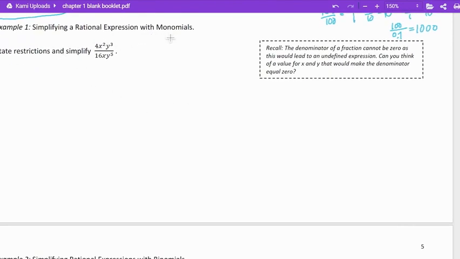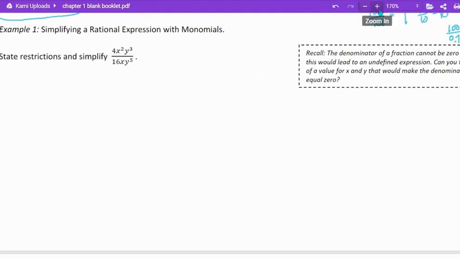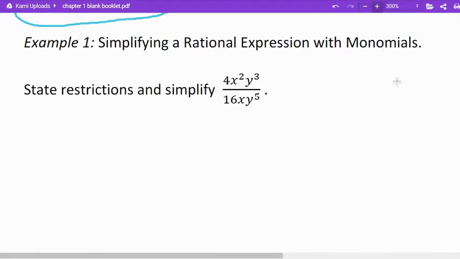Simplifying rational expressions with monomials. So I have a monomial and a monomial. Now when I have a fraction that is 9 over 12, I know I can divide the top and bottom by 3.